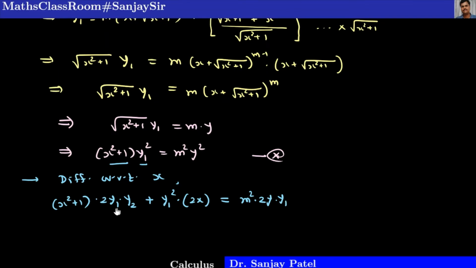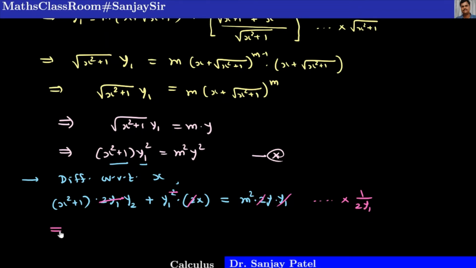Now we can see in this equation that 2 into y1 is common in all the terms. So we can cancel this. What we are actually doing is dividing by 2 times y1.